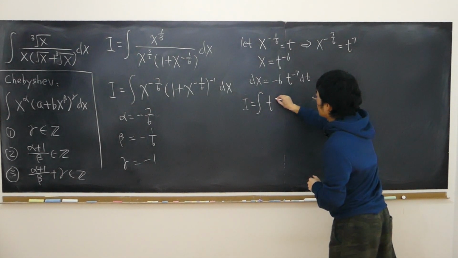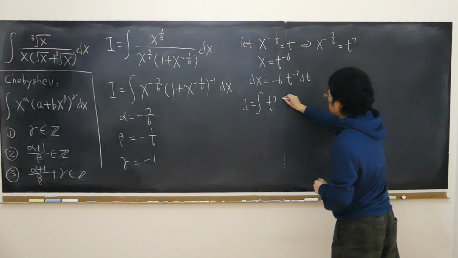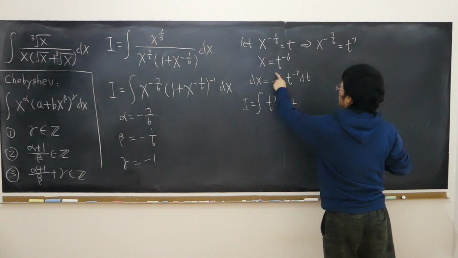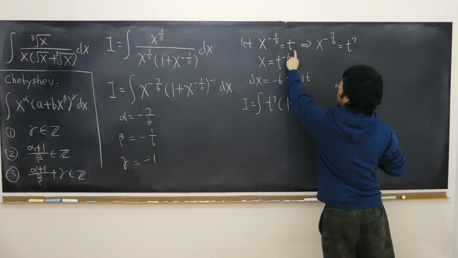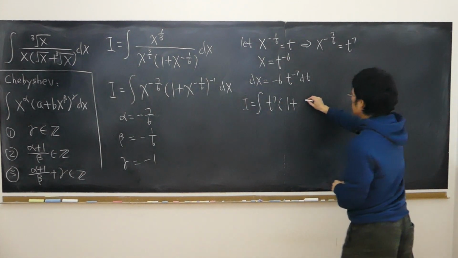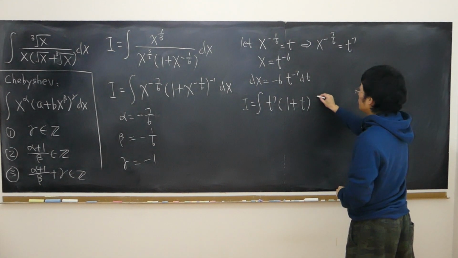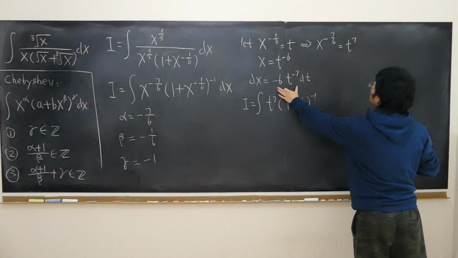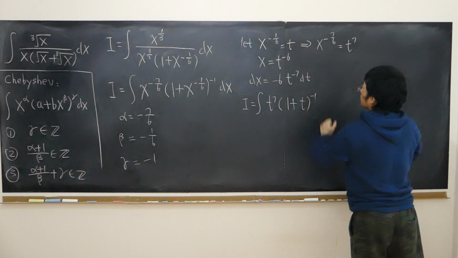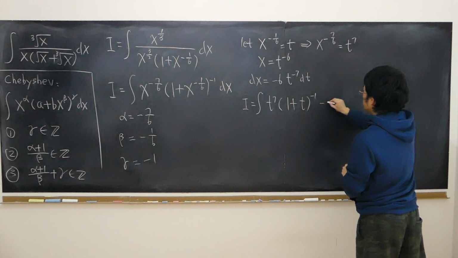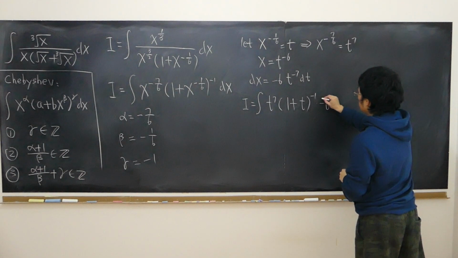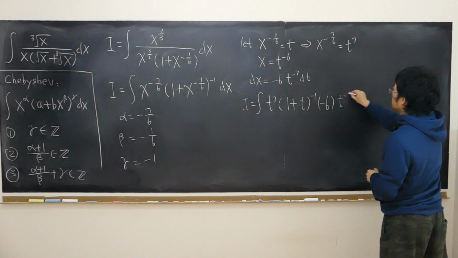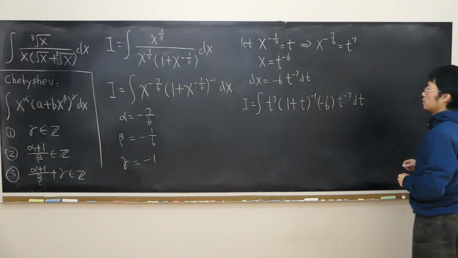So t to the 7th times the quantity 1 plus t to the power of minus 1, times dx. dx is minus 6 times t to the minus 7 dt.